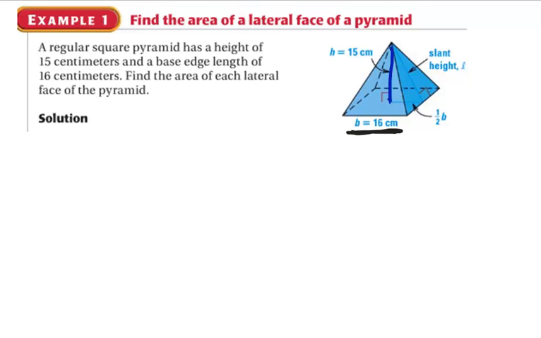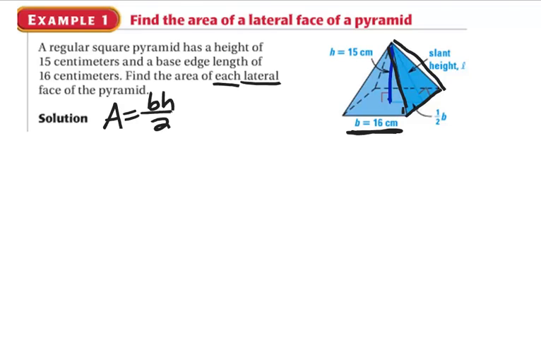So we're going to find the area of each lateral face. Each lateral face means I just want the area of one of those triangles. And so to get the area of one triangle, let's look at this triangle over here. That's the triangle I'm going to look at right now. And I want to find the area of that one triangle. So remember that the area of a triangle is base times height divided by 2.